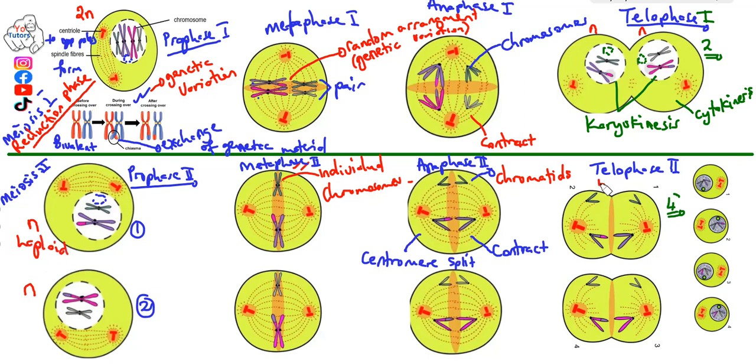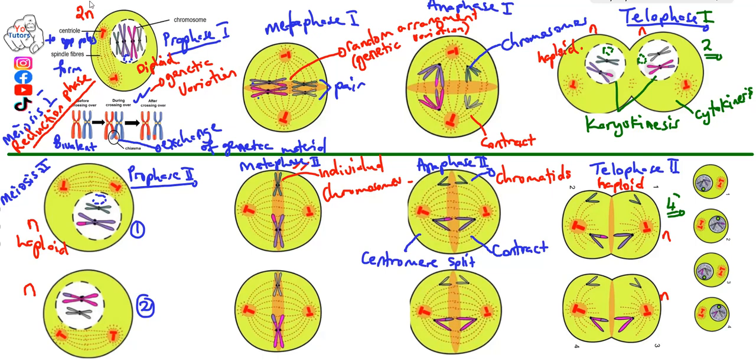The daughter cells are also haploid. So the chromosome number remains the same. It's not halved. But here we are saying these daughter cells are haploid, while the mother cell is diploid. Okay, that's what we see.